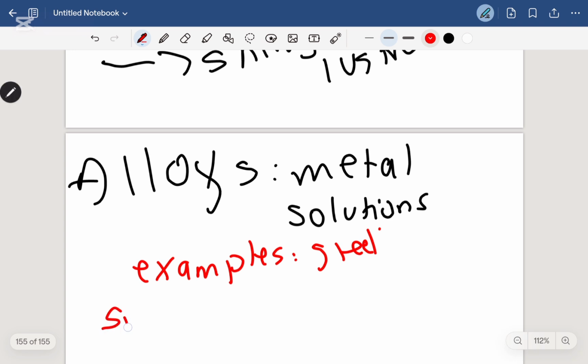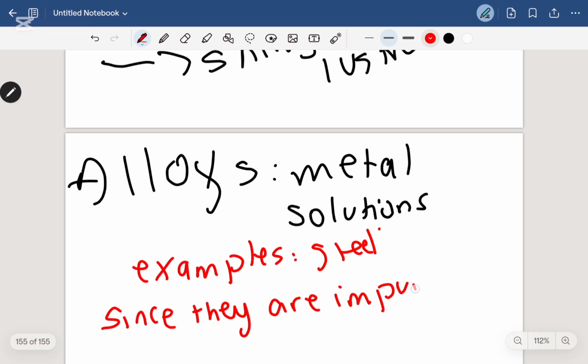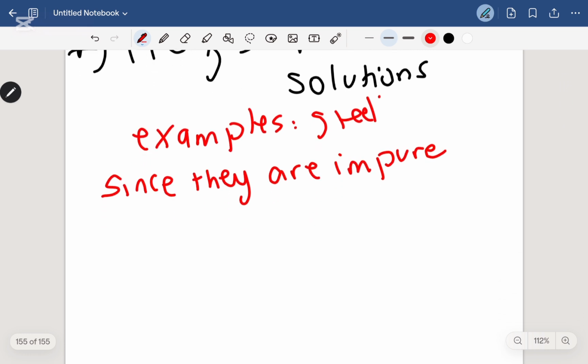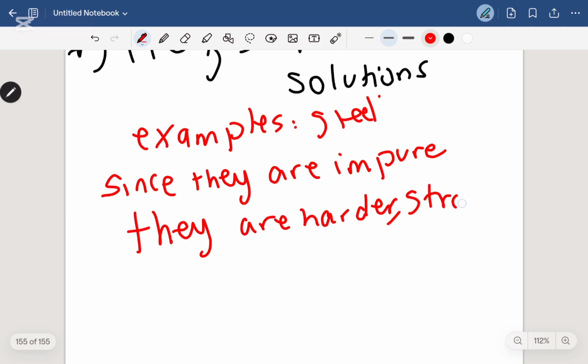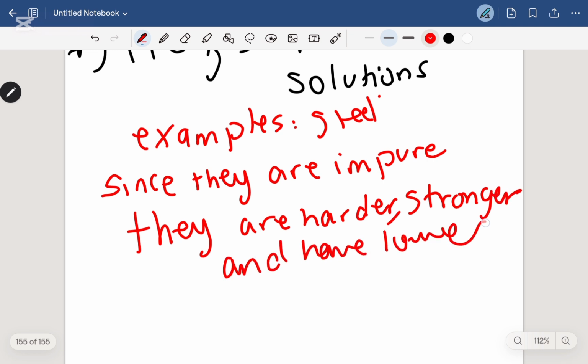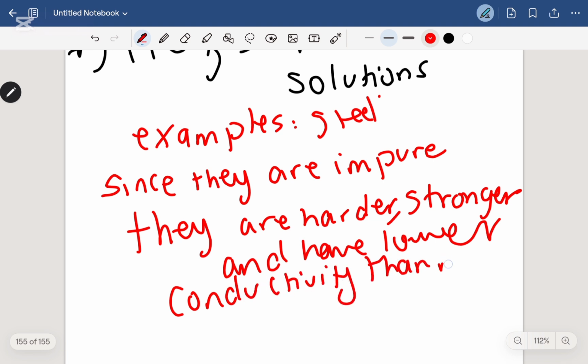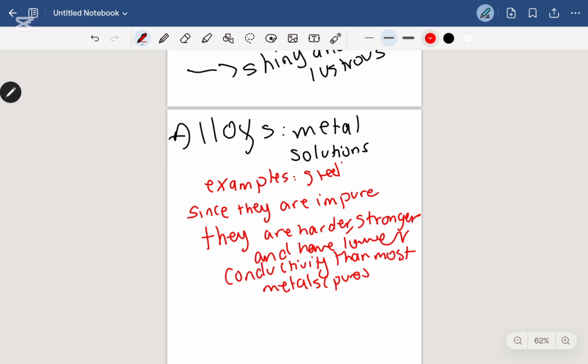And because they are impure, they're gonna be harder, stronger, and have lower conductivity than most metals that are pure. Okay? And that is pretty much it for alloys and metals.